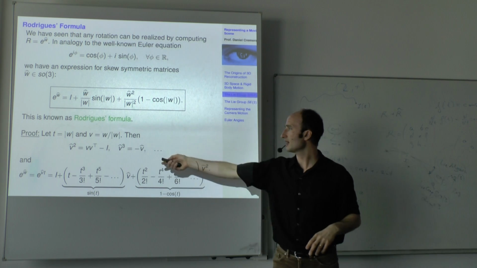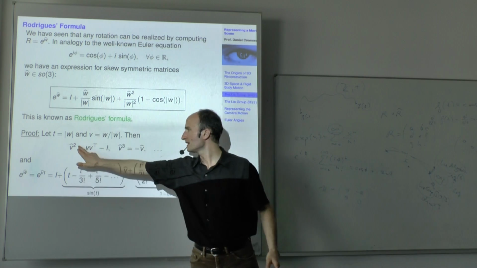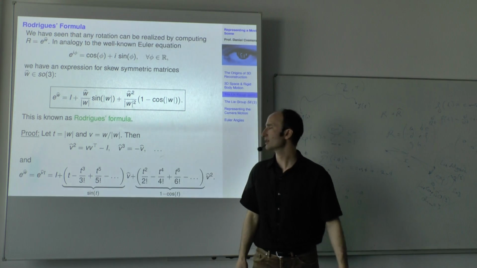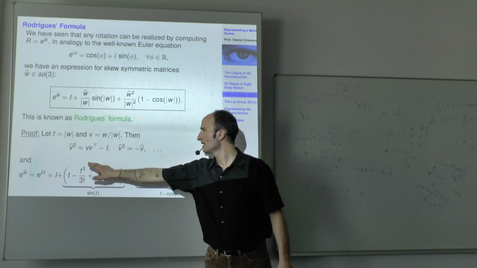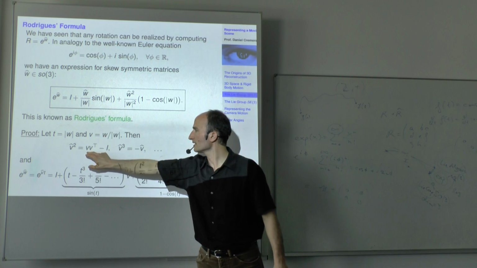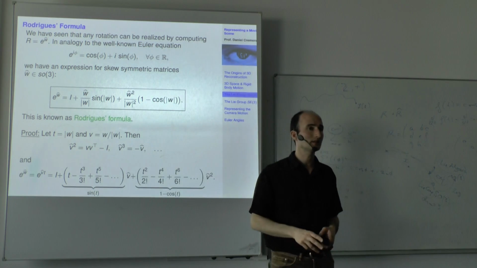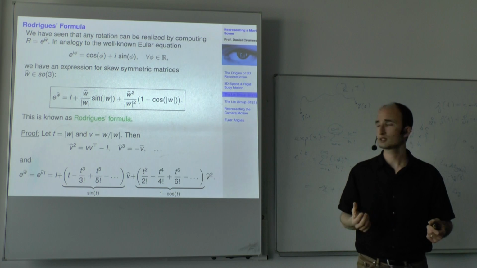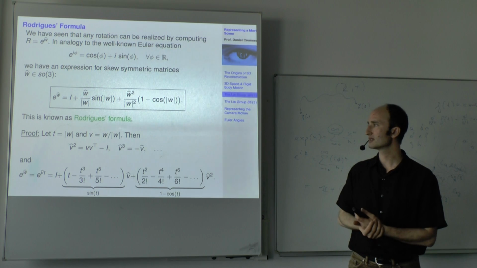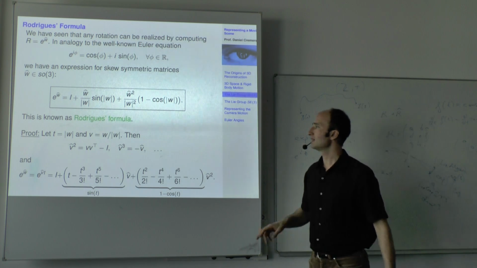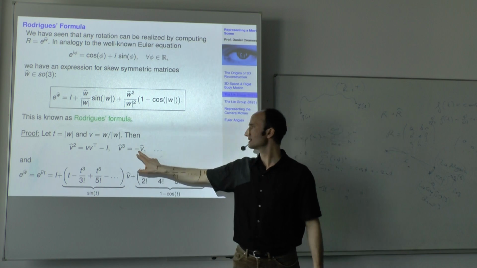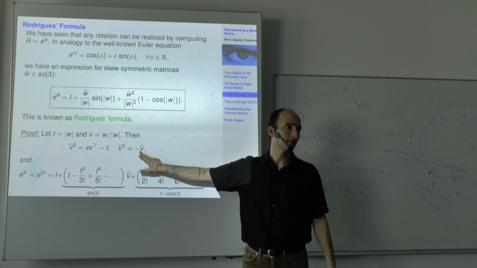If we do that, then for this normalized skew-symmetric matrix, one can show that V hat squared is nothing but V V transpose minus the unit matrix. You can just try it, and you will see that this is indeed the case. And V hat cubed is nothing but minus V hat.